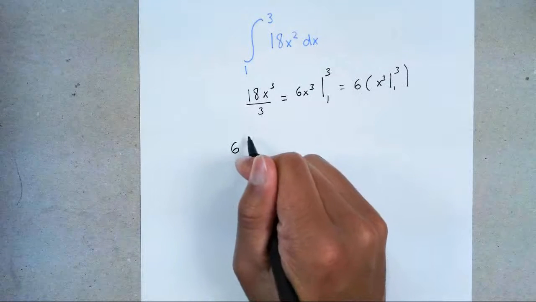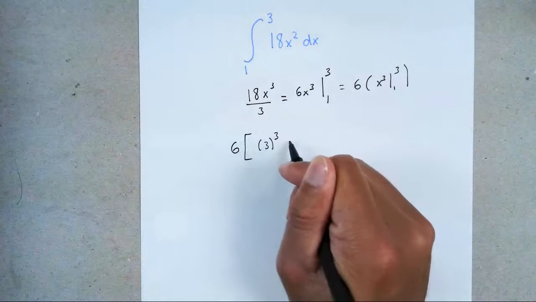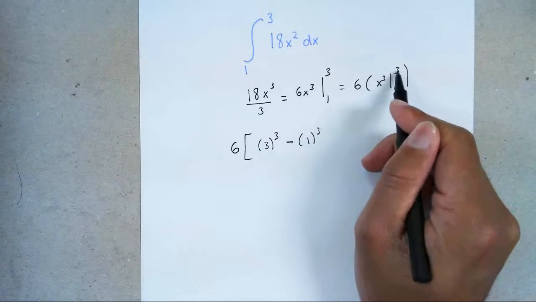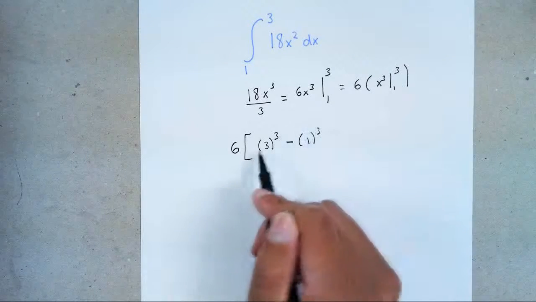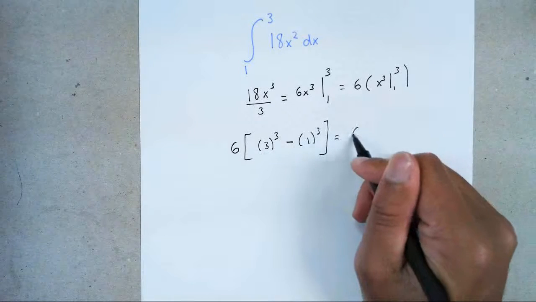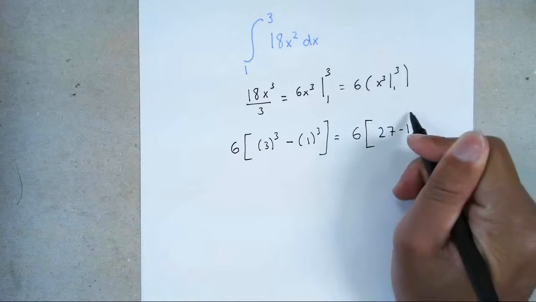When I plug in this 3, I'm going to get 3 cubed minus 1 cubed. That's because it's f of b minus f of a: your upper bound minus your lower bound into your antiderivative. So 6 times, 3 cubed is 27, minus 1.